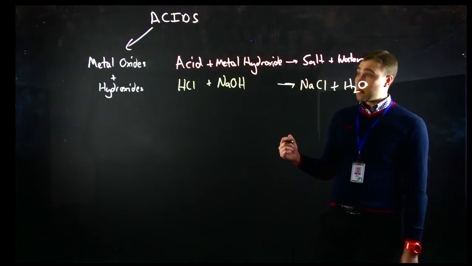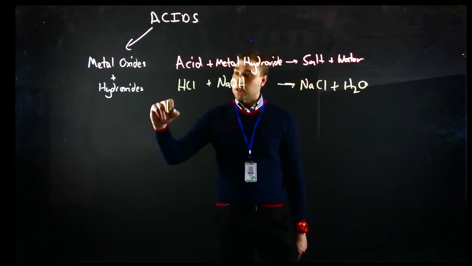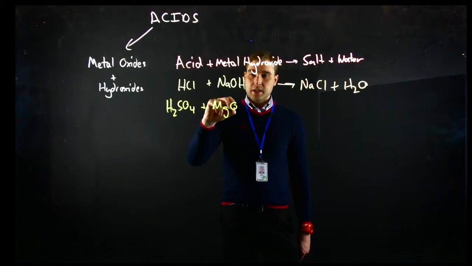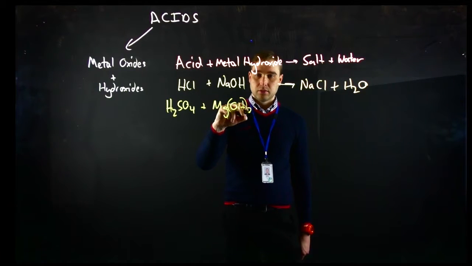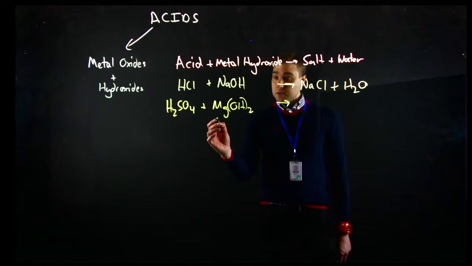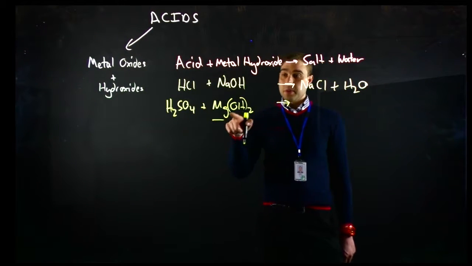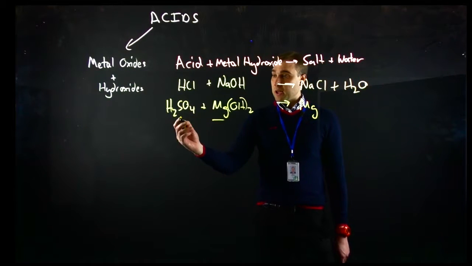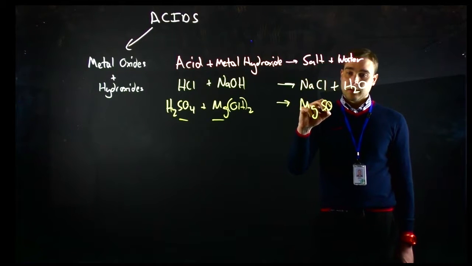In our second example, we're going to look at the reaction between sulfuric acid and magnesium hydroxide. So, to figure out the salt that's being produced, we've got the positive part of the base, that's going to be the magnesium here. The negative part of the acid is the sulfate ion.